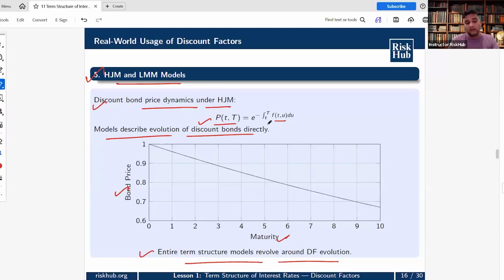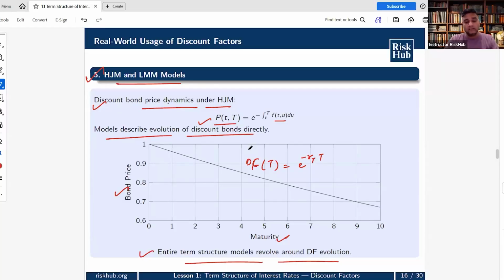The integral adds up the quantity contributed across all instants u between small t and capital T. The exponent adds every instantaneous forward rate between now and maturity. The total is the cumulative discounting. This is a continuous version of your DF, exponential minus r T, with a single flat rate replaced by a rate that varies instant by instant.